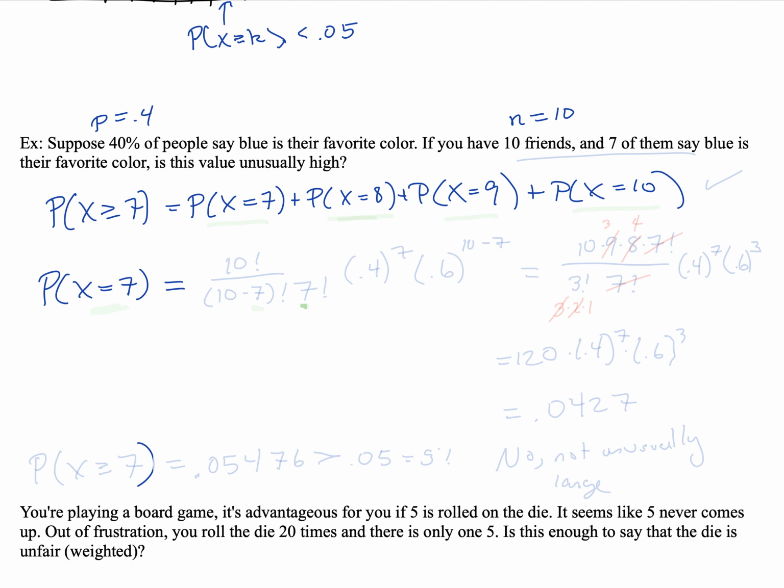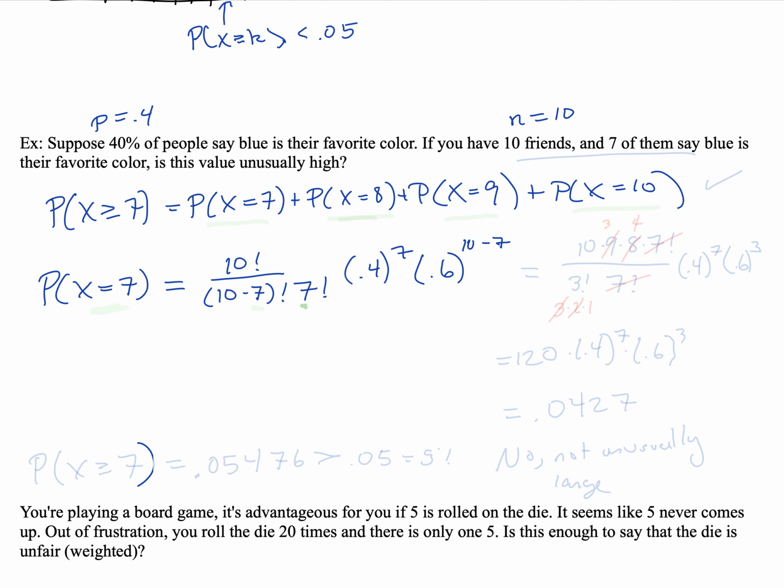So this is 10 factorial divided by (10 minus 7) factorial, n minus k factorial, times k factorial, multiplied by the probability of success 0.4 to the kth power, to the 7th power, times 0.6, which is 1 minus 0.4, to the 10 minus 7 power.